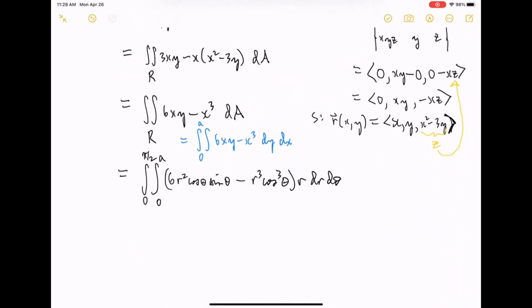So the y bounds would be from 0 to, what's the formula for y when it's up on the circle? The square root of what? Okay, so that would be the upper limit.